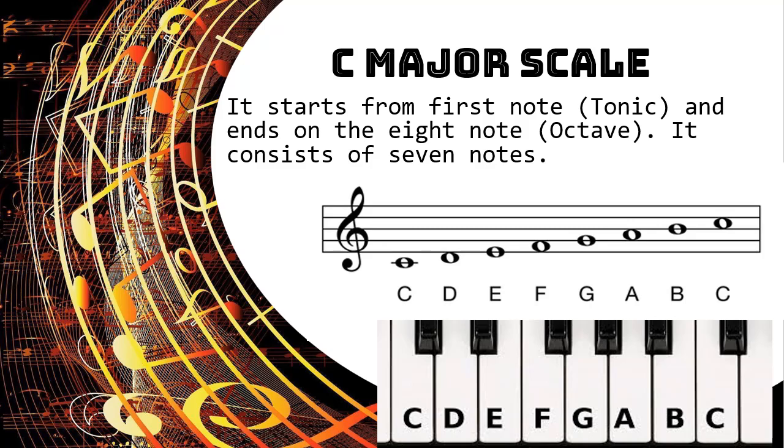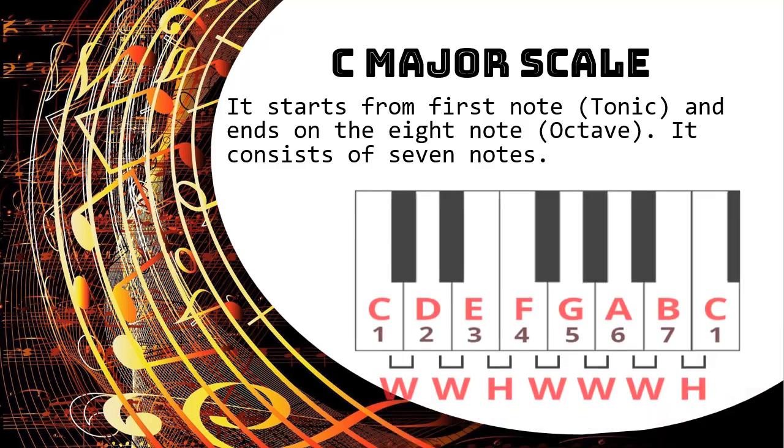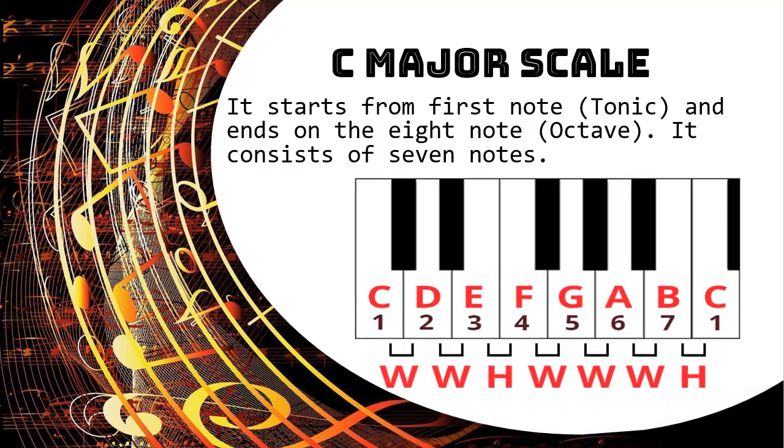So now we can equally take note of the fact that the intervals on a C major scale will now be from the C to the D. That will be a whole step, or a tone. Then from D to E will give us another whole step.